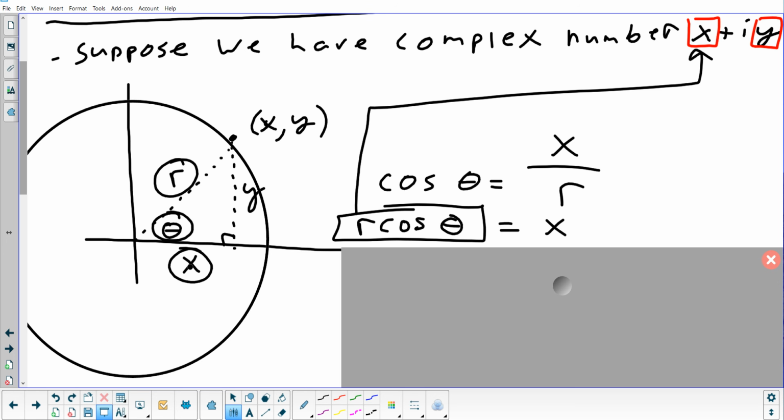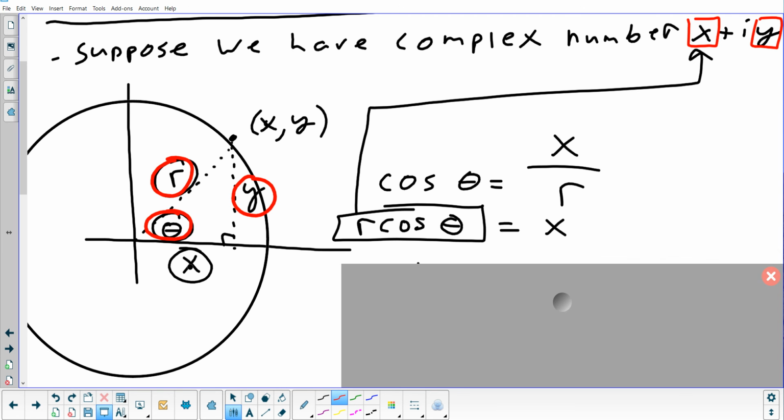And now we need something we can fill in for y. Here's y. Here's r. Here's theta. What trig function could we use this time that would relate y and r? It's not cosine. Sine.